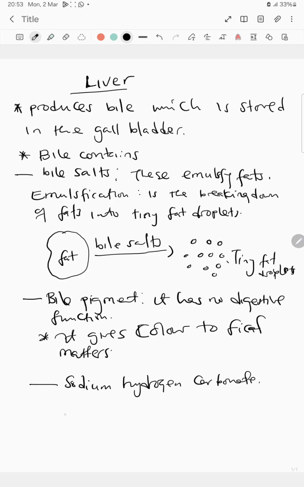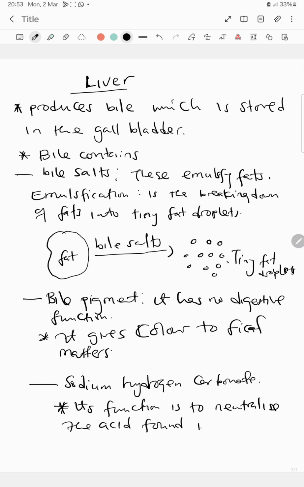Its function is to neutralize the acid found in chyme.